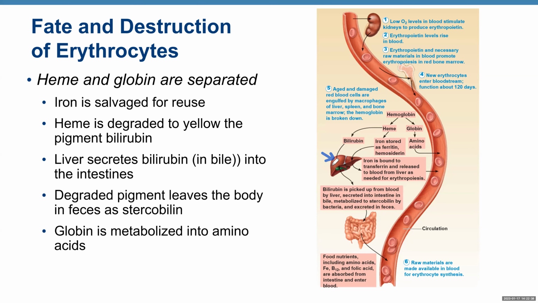So the liver uses bilirubin to make bile, right? So bilirubin is picked up from blood by the liver, secreted into the intestine in bile, metabolized to stercobilin by bacteria, and excreted in feces.